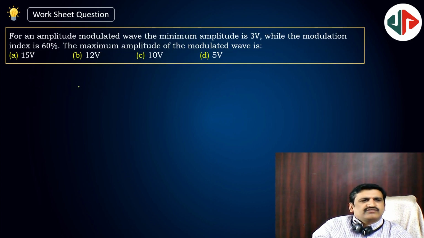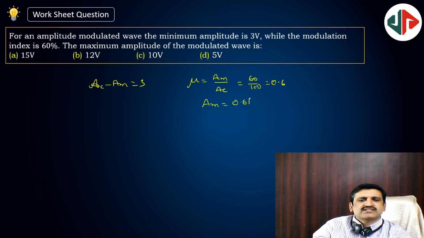Modulation index. For an amplitude modulated wave, the minimum amplitude AC minus AM is equal to 3, and mu is equal to AM by AC. Modulation index is 60%, that means 0.6, so AM is equal to 0.6 AC. So AC minus 0.6 AC equal to 3, that means 0.4 AC equal to 3.